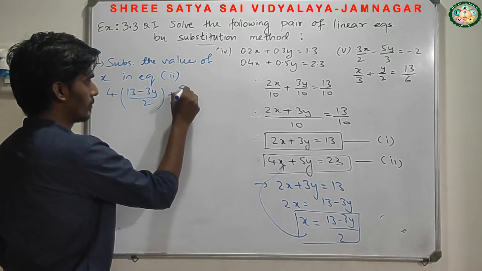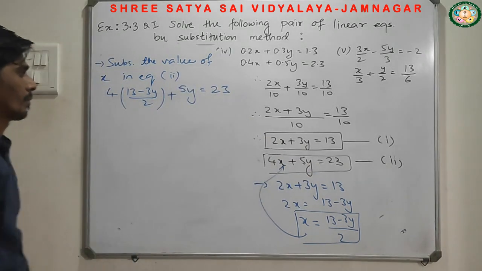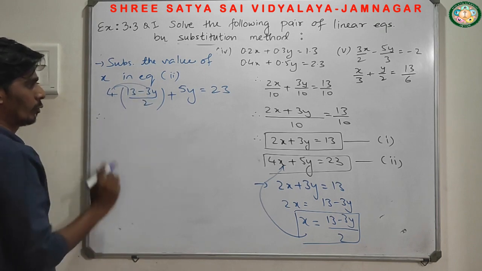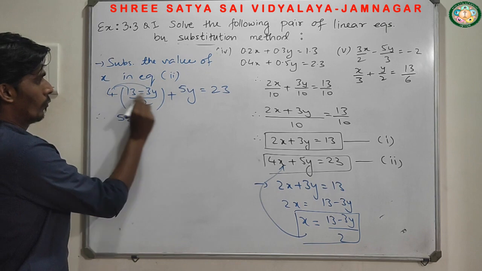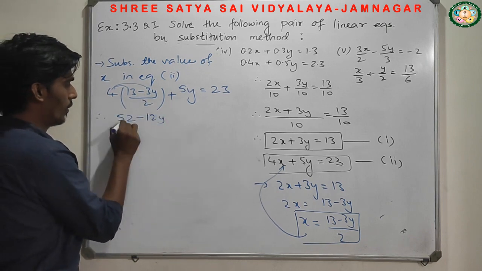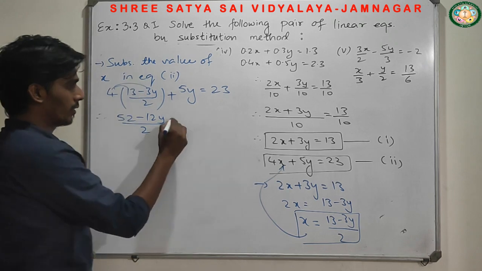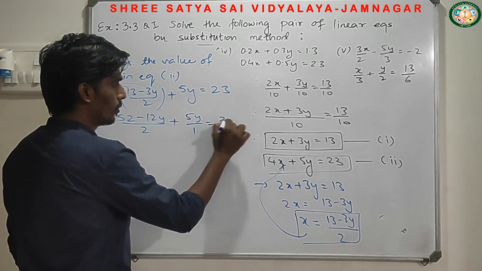Now 5y equals 23. Now definitely 4 will multiply both the numbers. 4 into 13, 13 4s are 52. 4 3s are 12y. Whole divided by 2. This 4 will multiply only with the numerator. Plus 5y. If nothing is there, it means 1.